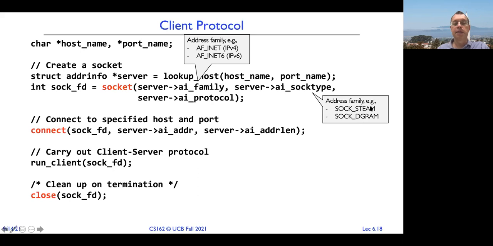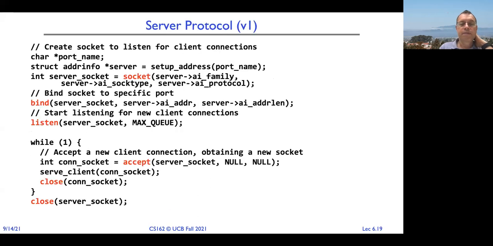Socket stream is a stream of bytes. The datagram is something we are not discussing, which is in UDP. In UDP, you don't send a stream of bytes, you send packets. And then you have the protocol type, so this can be TCP; with 0, you can have any protocol.